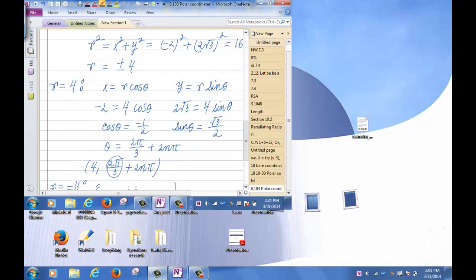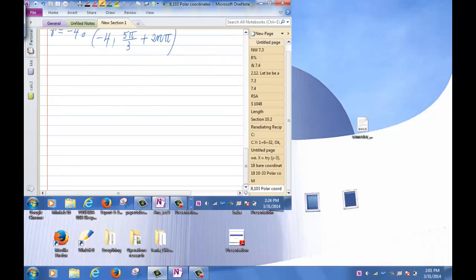Okay, we have gone over that, and sometimes I might give you a rectangular equation, meaning you have an equation with rectangular coordinates x and y, and you have to convert it to polar, into an equation involving r and theta. So here's a type of problem where you convert equations from one system to the other.